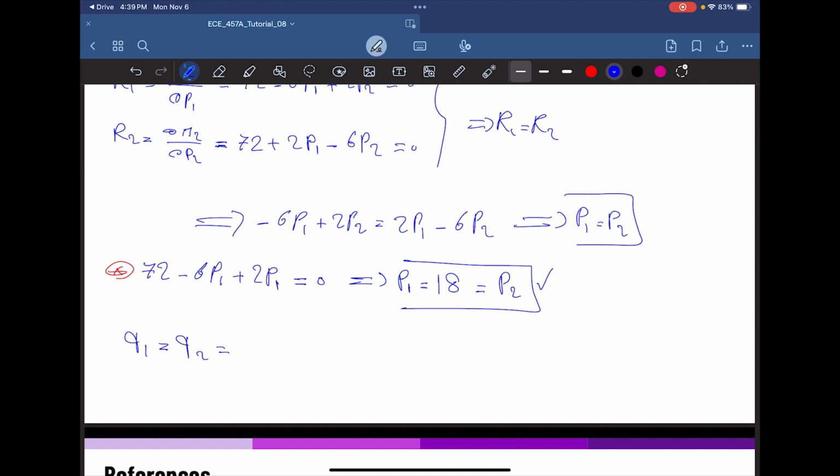Both of them are 54, so this is the quantity, and the total output will be Q1 plus Q2, 108. So that is the total output with this price.